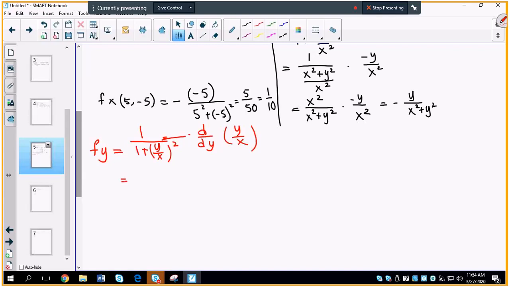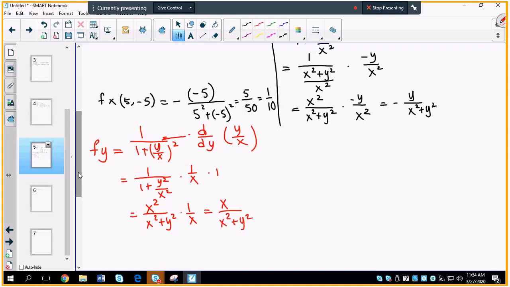So this is going to be 1 over 1 plus y squared over x squared, as we have seen last time. At this time, 1 over x is the constant, it comes out. The derivative of y is just 1. Well, we have seen that this first portion can be simplified as x squared over x squared plus y squared, and I'm multiplying it by 1 over x, which is going to be x over x squared plus y squared.